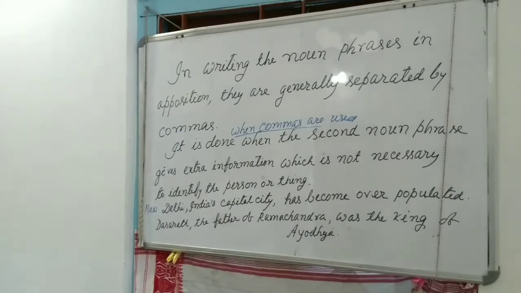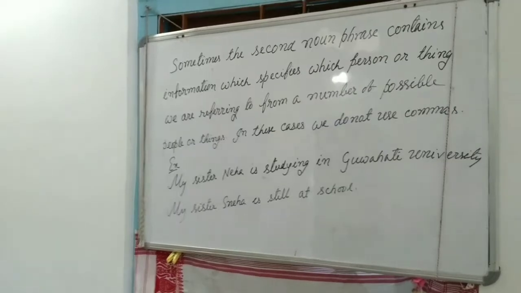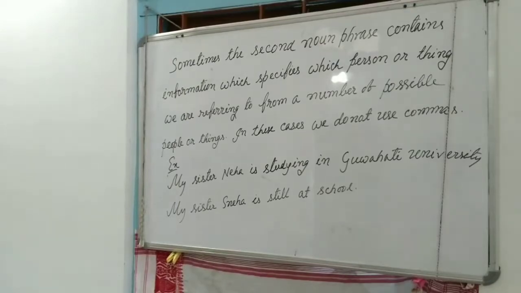And then let's come to the case in which we do not use commas in a noun in apposition. Sometimes the second noun phrase contains information which specifies which person or thing we are referring to from a number of possible people or things.